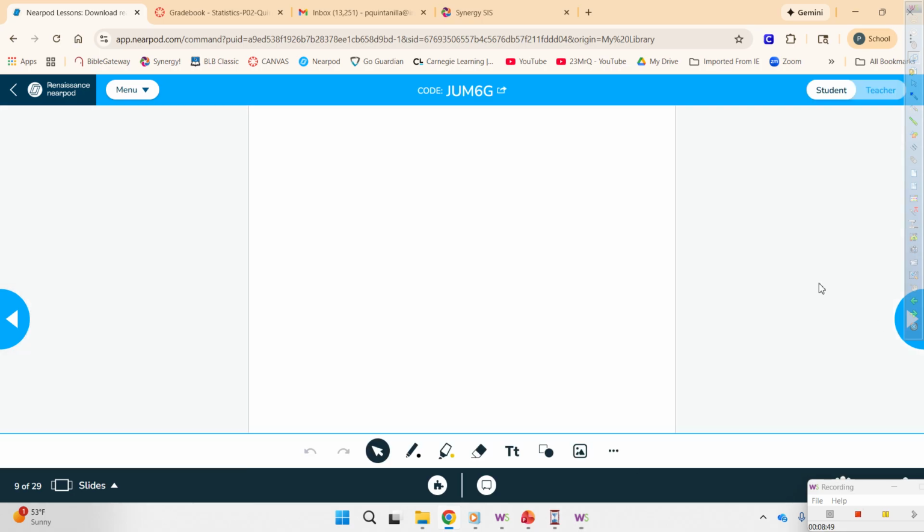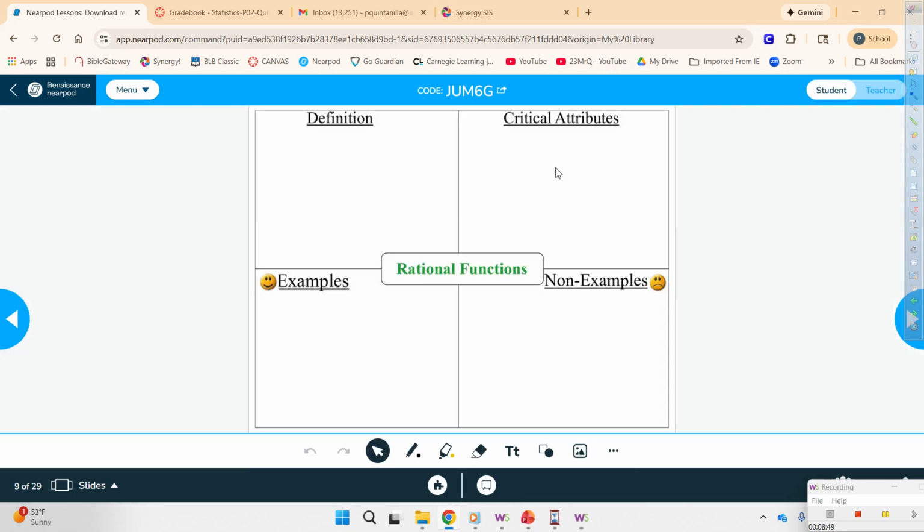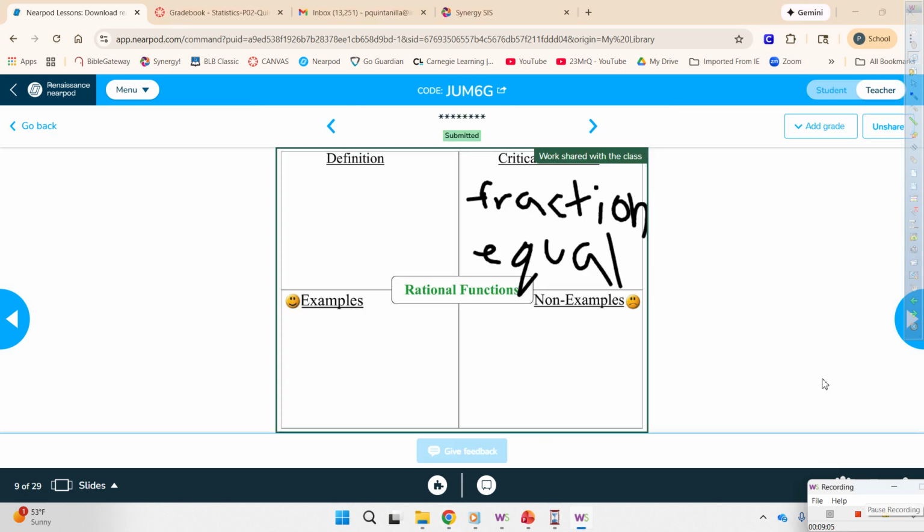All right, write them on the screen where it says critical attributes. Two things that it needs to have is a fraction and an equal sign, yes? Yes, Mr. Q. All right, good.